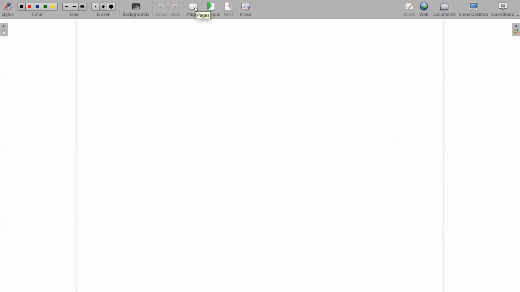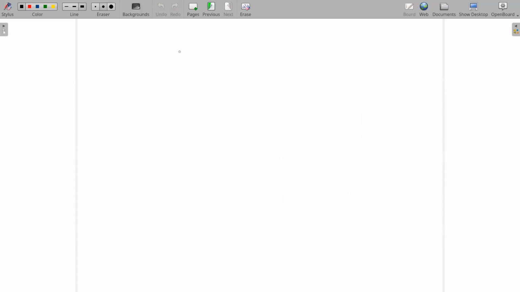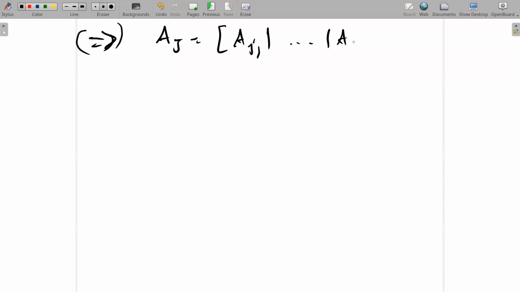All right. We'll prove the first implies the second. Okay, let's go in this direction first. Assume that A_{J1}, ..., A_{Jm} are linearly dependent. We are denoting this matrix by A_J.